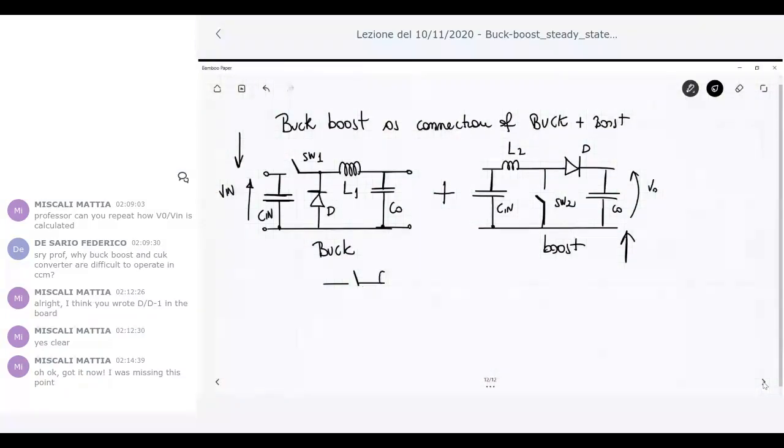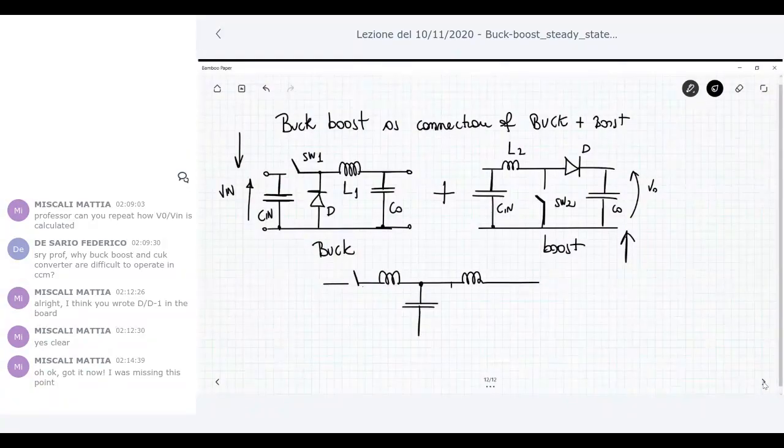So if you make this combination, the circuit becomes this one.